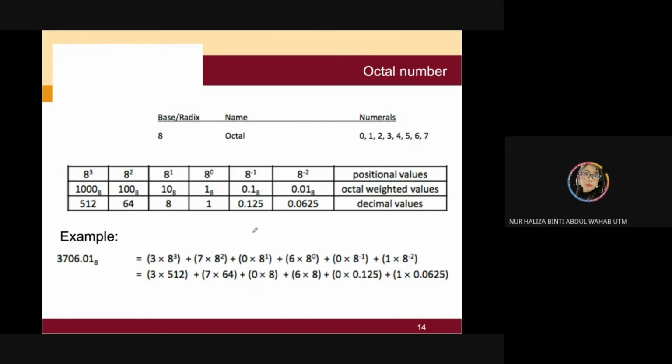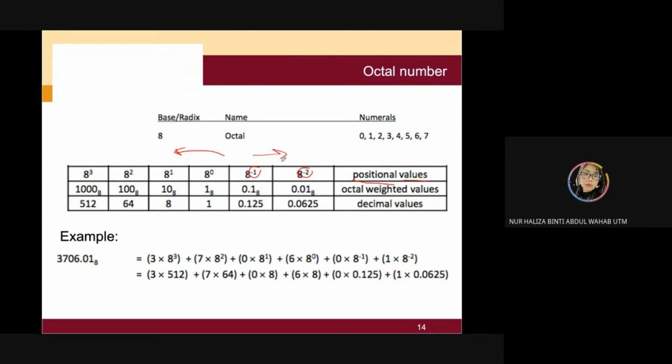You're going to have 8 to the power of 0, 8 to the power of 1, 8 to the power of 2 on your left side. And to your right, it's going to be 8 to the power of -1, 8 to the power of -2, in terms of positioning value.